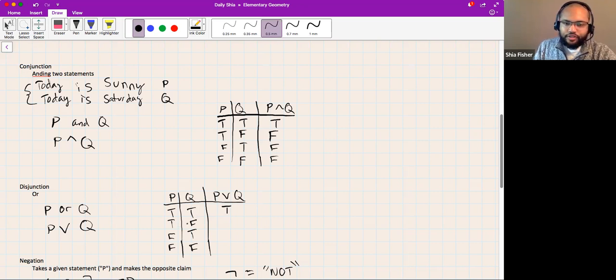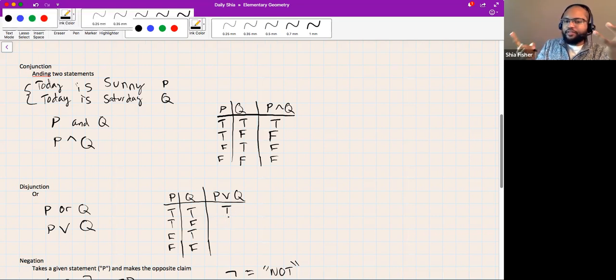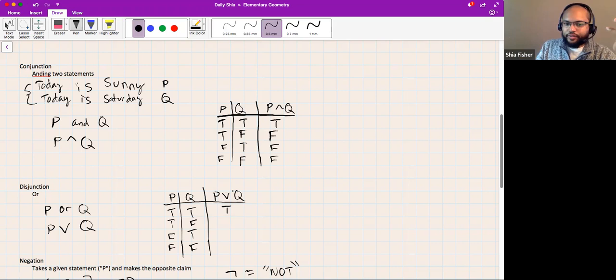Let's say that today is sunny, but it's not really Saturday. Is it either sunny or Saturday? One of those has to be true for this disjunction to give us a truth value. And so again, that's a true statement, because if it is sunny, but it's not really Saturday, half of it is still true. It really is sunny.